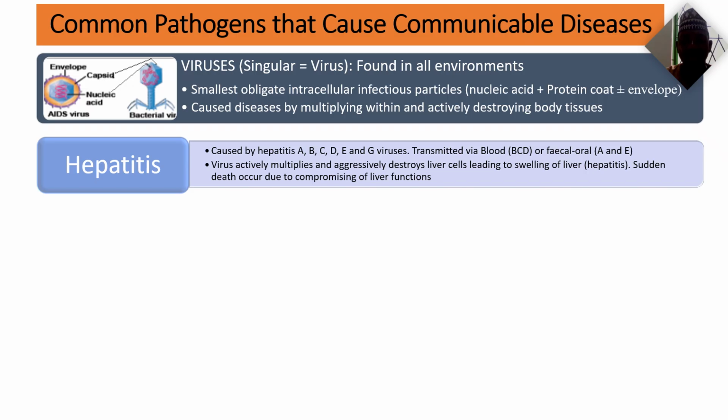In the case of the other hepatitis viruses, they multiply in the blood. That is why they are commonly transmitted by blood. They multiply in the blood and other body fluids, and once they reach the liver, they destroy liver cells, leading to hepatitis.